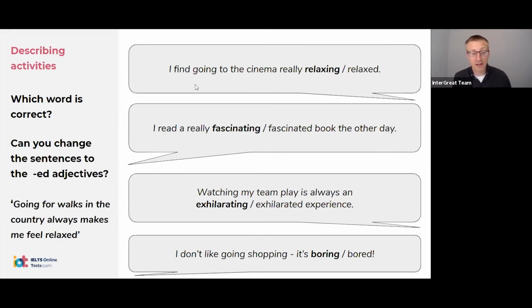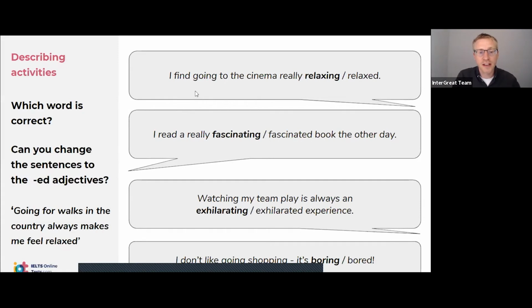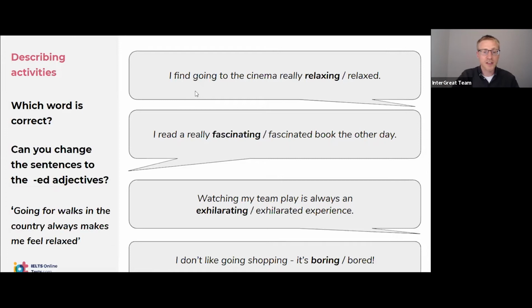Okay. I feel relaxed. Can you try to change any of these sentences? So you could say, going for a walk makes me feel relaxed. Boring is for the object. Yeah, that's for the object. I feel relaxed going to the cinema. Very good, exactly.